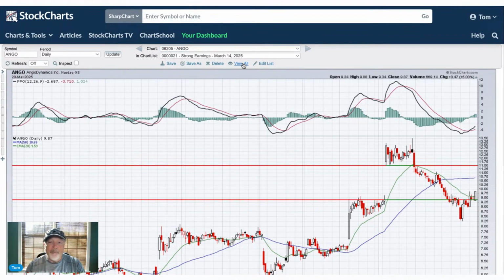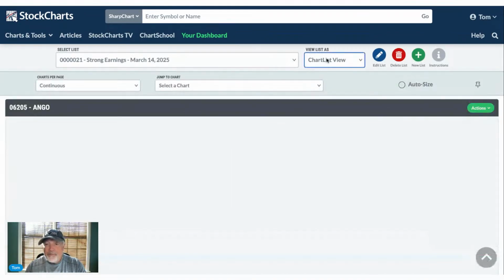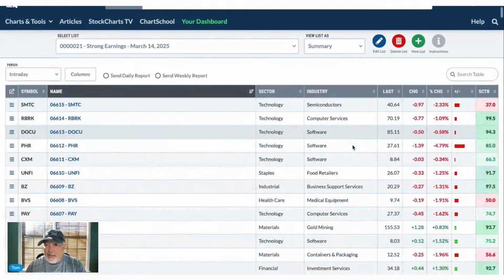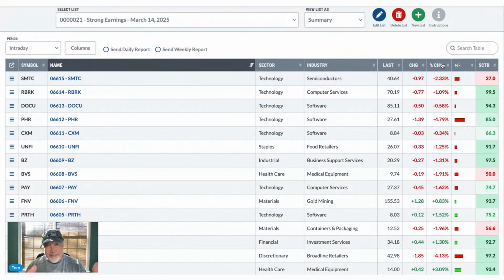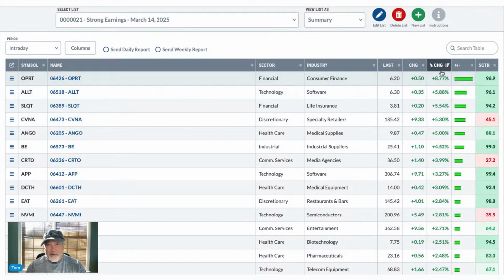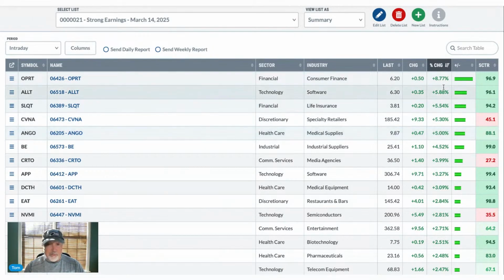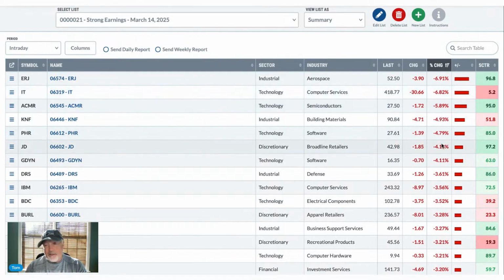So we could pull up the chart list, view all, hit that summary, and it'll show us the day after earnings have been reported. It'll give us all of the action, and we can sort it by percentage change to come up with these companies and whether or not they had a big market reaction to the upside, or we go to the other one, see, okay, these are the ones that would have the big market reaction to the downside.